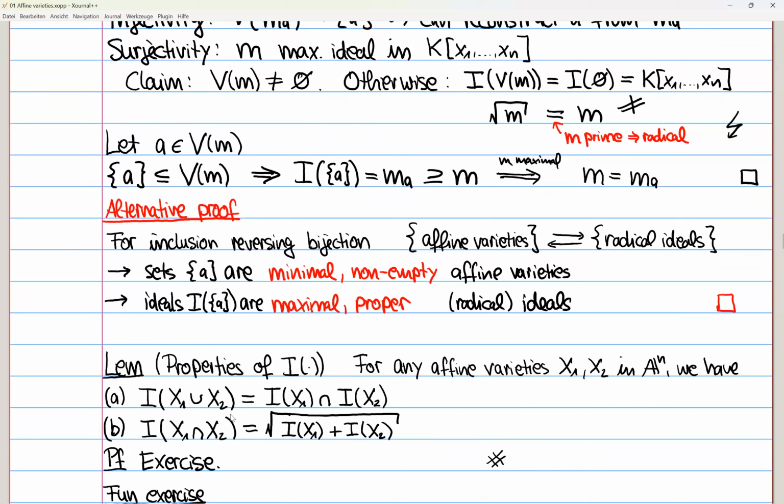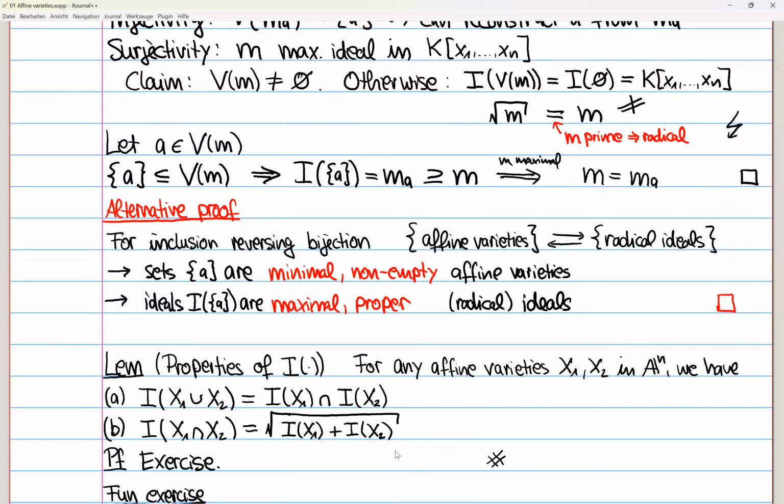So the ideal of the union is the intersection of the two ideals. And the ideal of the intersection is a bit more complicated, namely you take the sum of the two ideals, but then you need to take the radical afterwards.